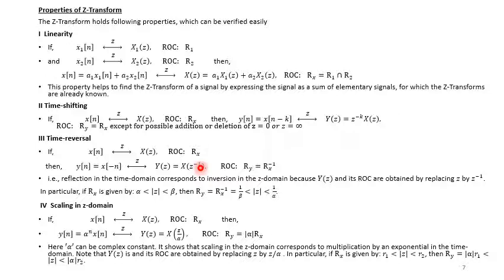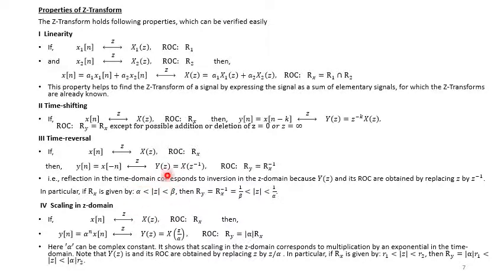So it will be reciprocal in the z domain when you reflect the signal in the time domain. Its ROC will also be the reciprocal of the ROC of the original signal, which is R of x. So the reflection in the time domain corresponds to inversion in the z domain, and we obtain y of z and its ROC by replacing z by z power minus 1. So if R of x has, for example, a value, right?